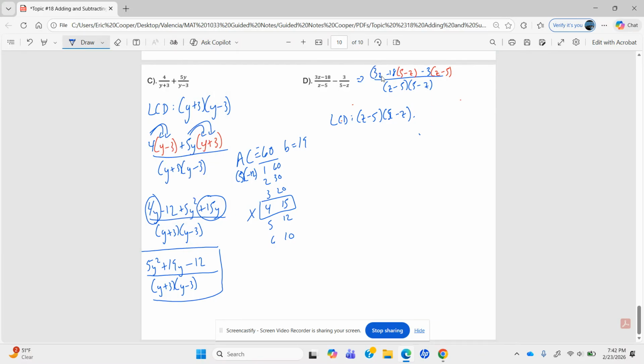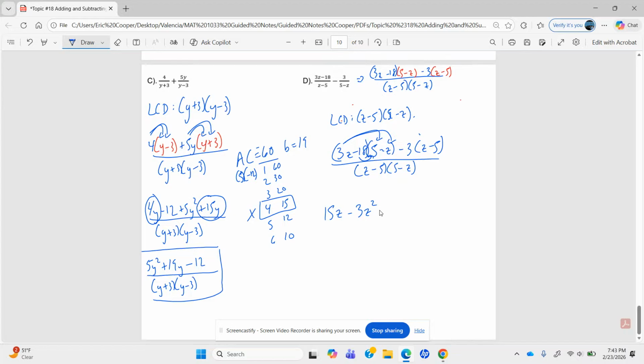We're going to go through and FOIL this out and then distribute this. So let me rewrite this down here, to give us a little bit more space. So we're going to FOIL this out. 3z times 5 is 15z. 3z times negative z is negative 3z squared.